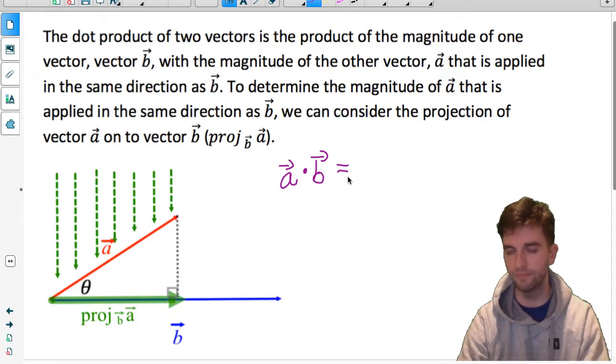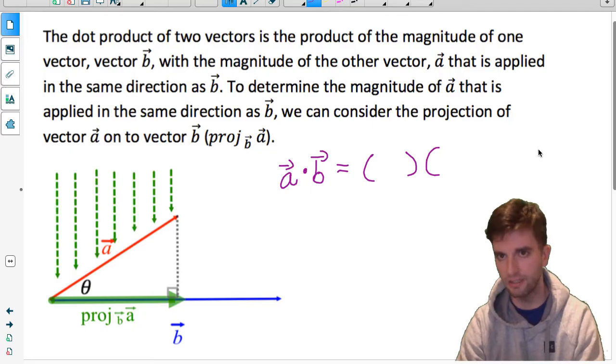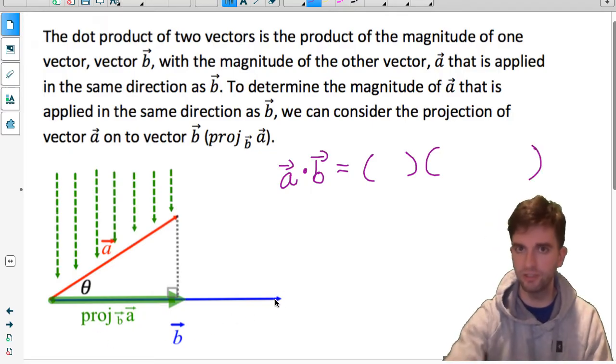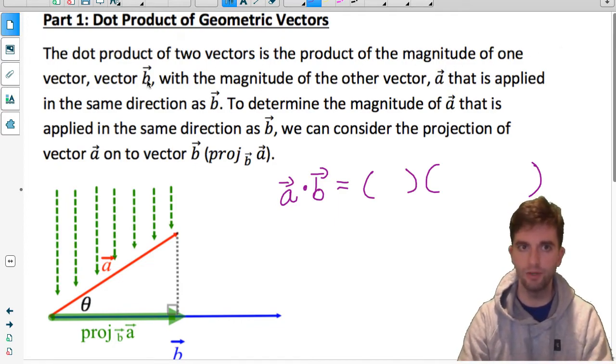It's just a magnitude. And to calculate the dot product, we need to do a product of two things, the first of which is very easy. The second of which is a little more complicated, where we have to involve projections. So the dot product of two vectors is the product of the magnitude of one of the vectors. So I've got vector A and B, so it's the product of the magnitude of one of those.